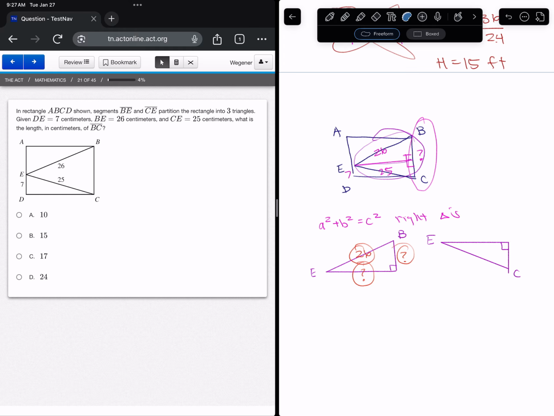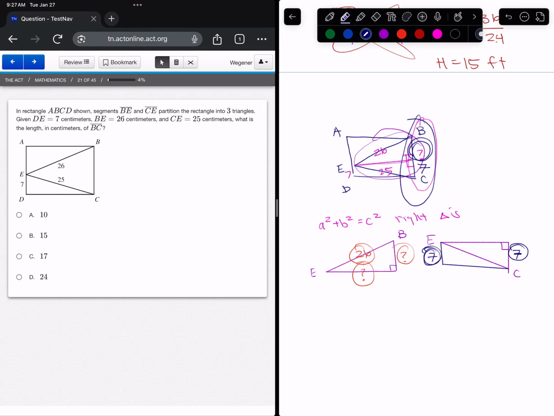Here's EC. Now, for EC, they gave us one of the sides. It's this one, 7, because this right here was given as 7. Well, if this is 7, this side has to also be 7. So we have 7 plus some number makes BC.